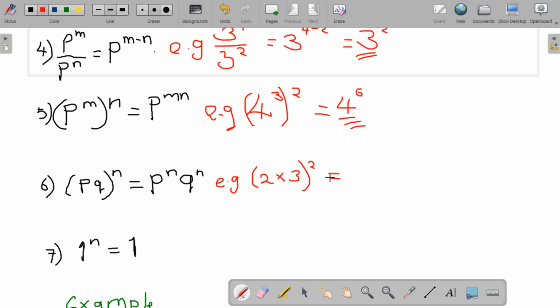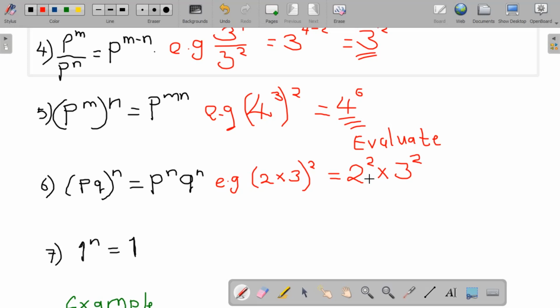So how can we write that one? We distribute: 2 to the power 2, multiplied by 3 to the power 2. But the bases are different, so we can't add the powers. What are we supposed to do? We are going to evaluate that question to finish it.